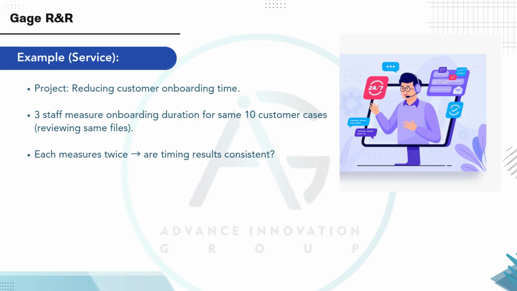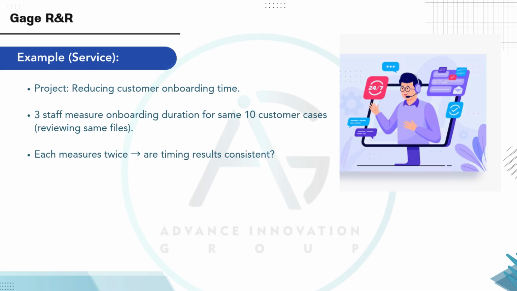To assess the reliability of the measurement system, 3 staff members are assigned to measure the onboarding duration for the same 10 customer cases. Each case involves reviewing the same set of files, so the input is consistent. The key question here is, are the measurements consistent across staff and repetitions? Each staff member measures the duration twice, and then we compare the timing results.